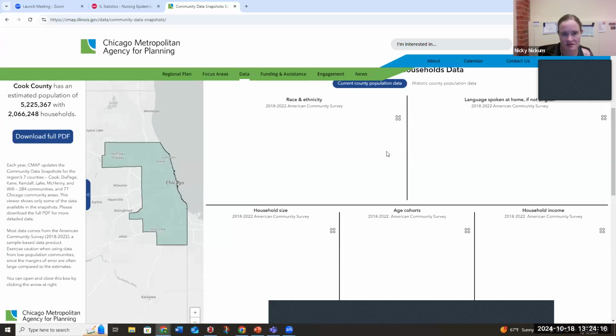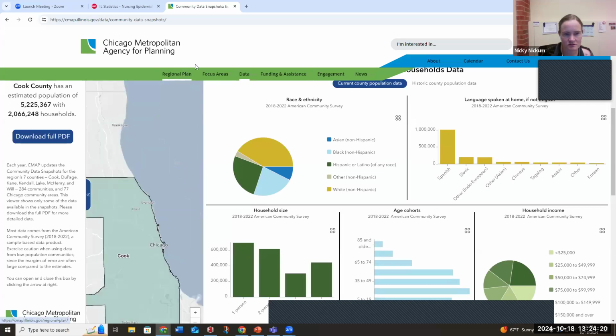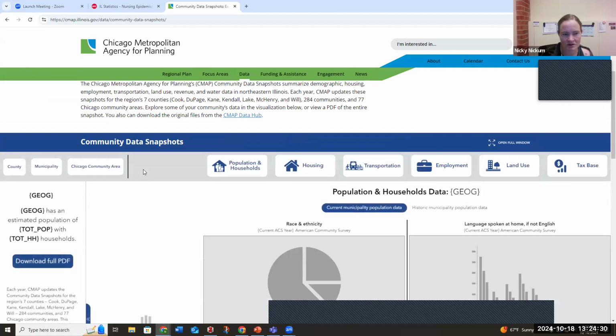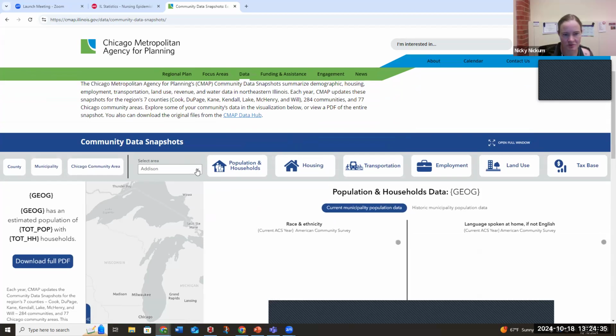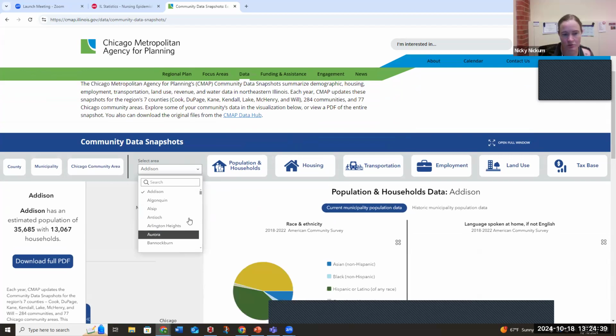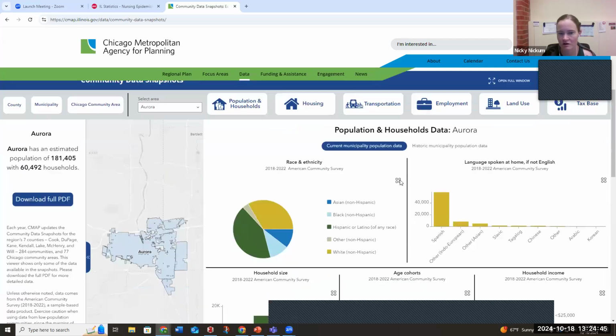There is a lot here. So I can click county, municipality, or Chicago community area. So let's say I want municipality, and it gives me a drop down. Maybe I'm interested in Aurora. It's going to give me a breakdown of Aurora.